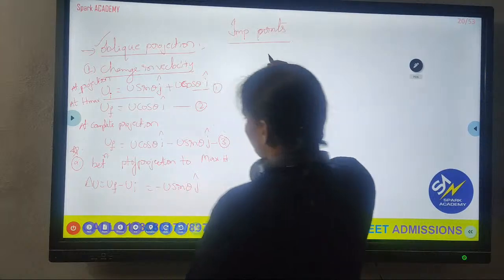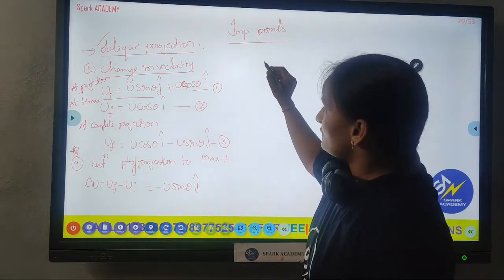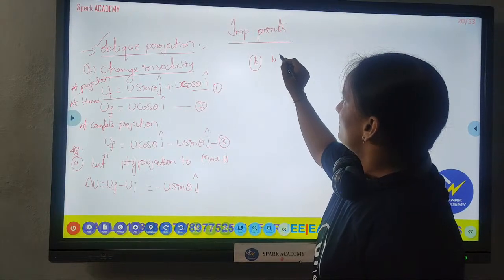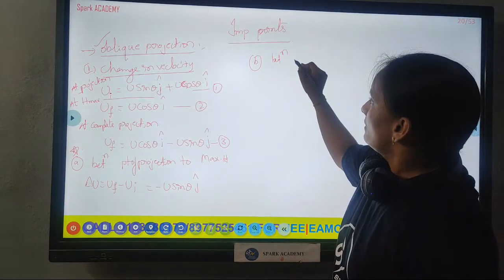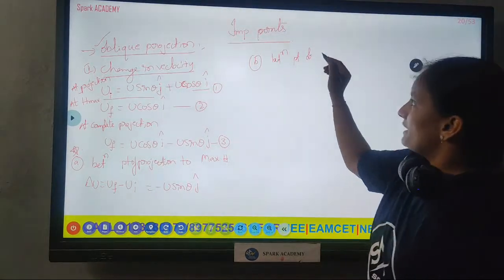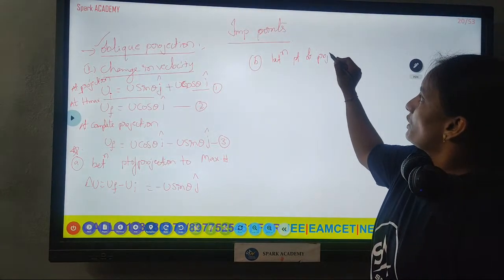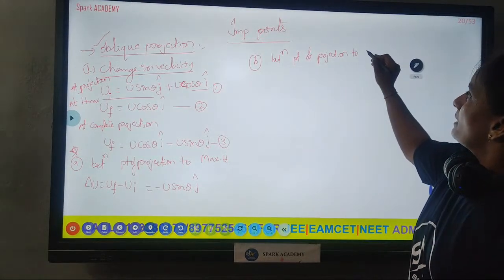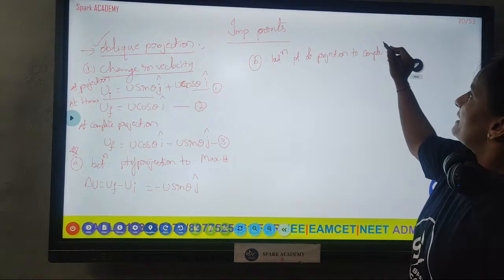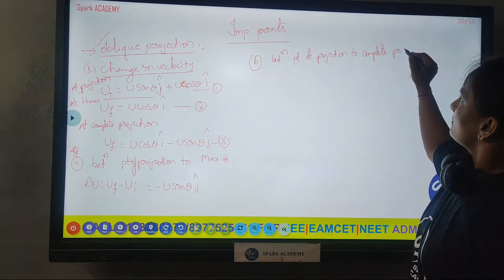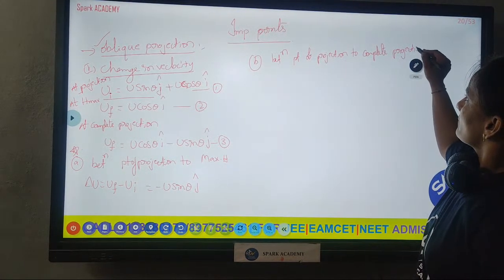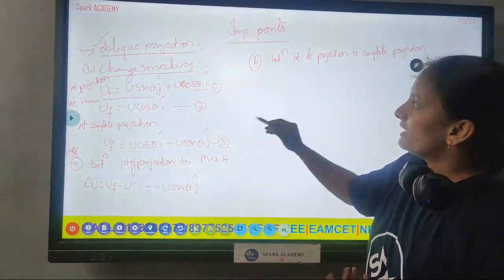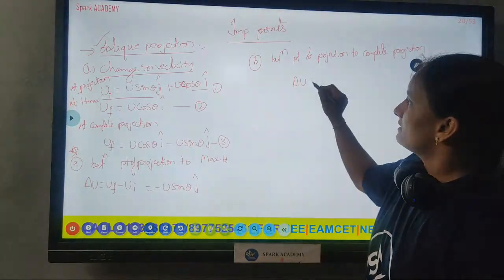And next, change in velocity between point of projection to when it completes the projection. So when it completes the projection, we need to take change in velocity, delta u.